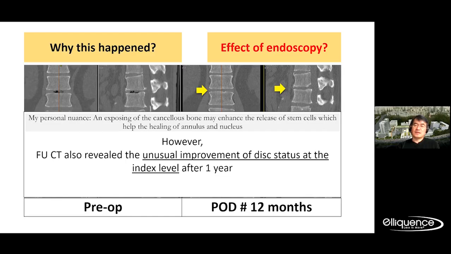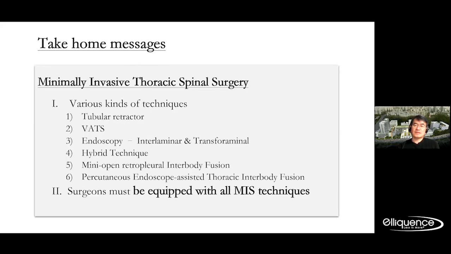Okay, this is my personal experience with transforaminal endoscopic discectomy. This is the take-home message. Contrary to the lumbar and the cervical spine, we have more options for treatment of thoracic disc herniation: traditional thoracotomy, thoracoscopic approach, endoscope, tubular surgery.